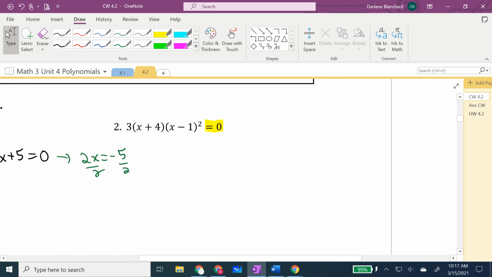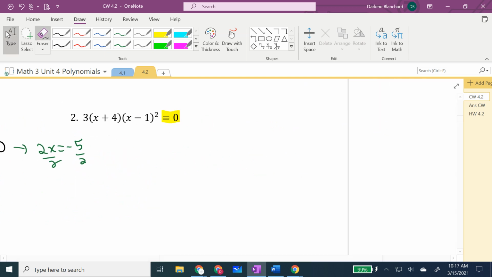Okay, number 2. There's a common error that people are going to make with number 2. If you look at all of the factors, that first red underline was just the 3.